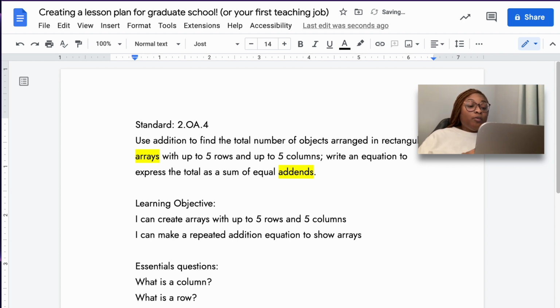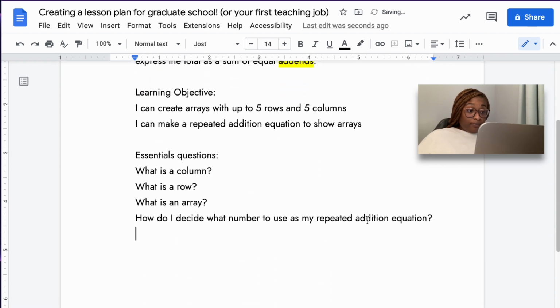And then they will need to know how to determine what number they're going to use as their repeated addition equation. Okay, so how do I decide what number to use as my repeated addition equation? Okay, and I also want them to be able to solve arrays up to 5 columns and 5 rows.